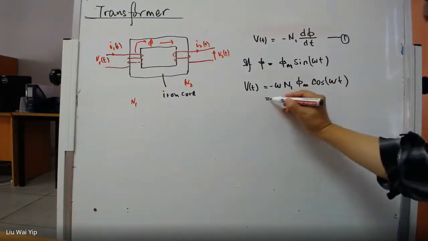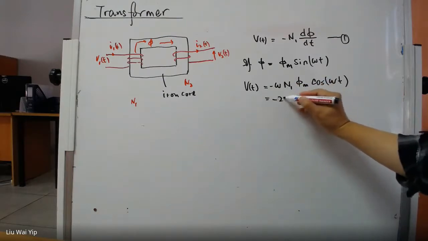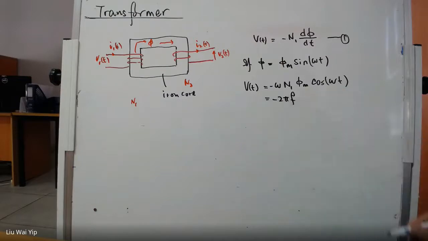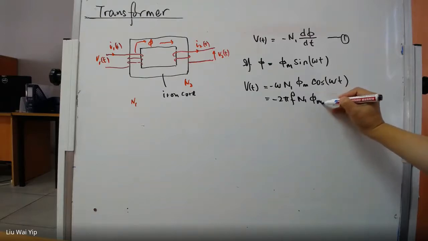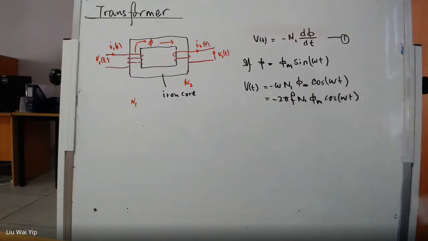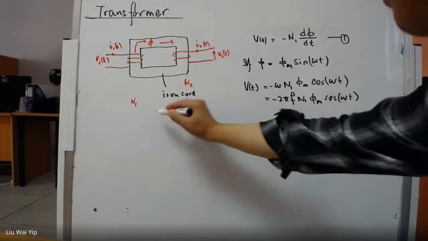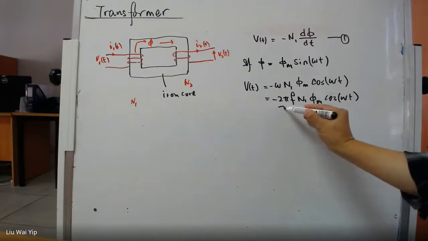Then we can safely assume that omega is 2 pi f, and then N1, and it shouldn't be a big deal. So from here we can say that the maximum induced voltage is going to be this term.